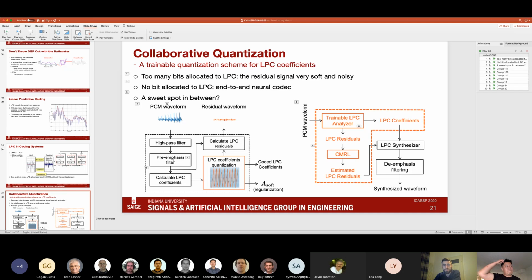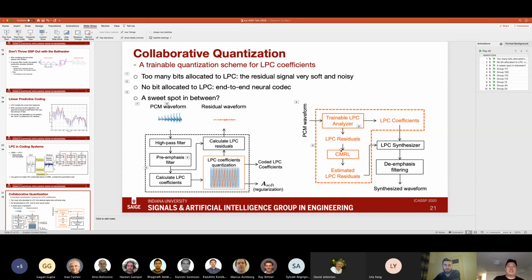And so what did your network predict? Did it predict the linear prediction filter, or did it simply output the residual or something like this? Right. Yes.